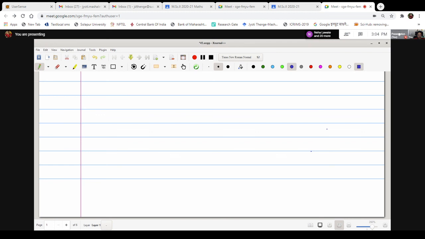Using the parallelogram law, this is norm square of x minus y naught plus x minus z naught, added with norm square of x minus y naught minus x minus z naught, equal to 2 times norm square of x minus y naught plus 2 times norm square of x minus z naught.